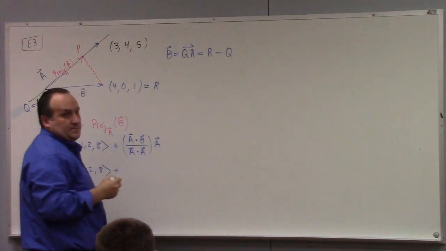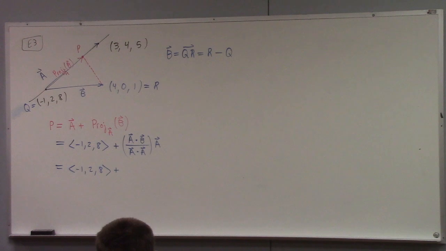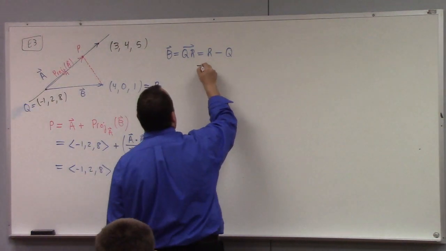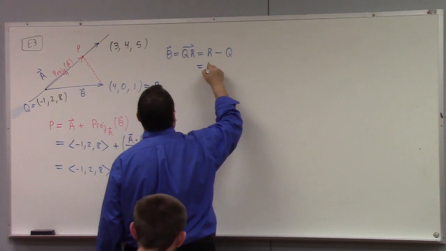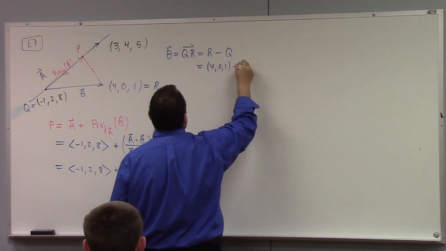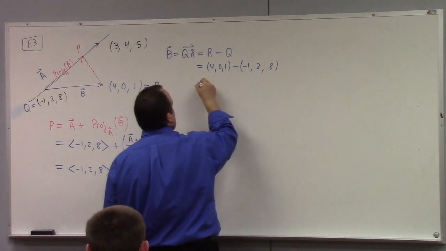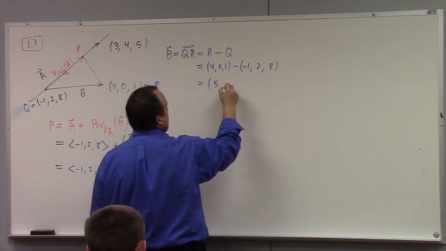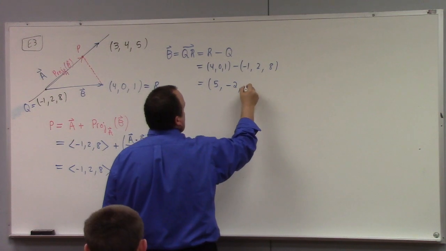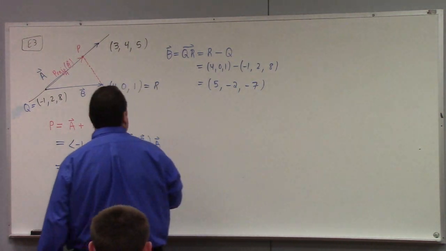It's R minus Q. So what is R minus Q? We've got (4, 0, 1) minus (-1, 2, 8). That works out to (5, -2, -7), I believe.